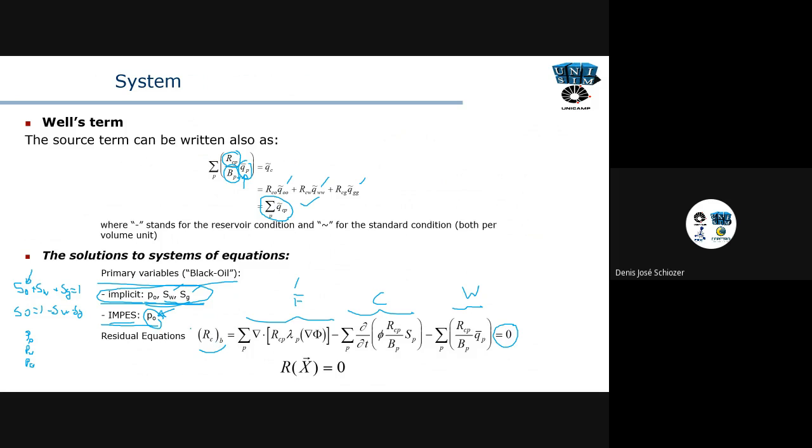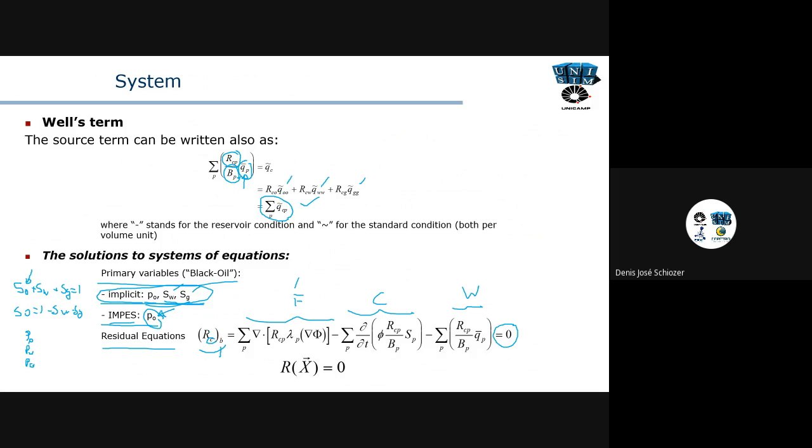But as we are solving this numerically, we are calling this RCB, which is the residual equation for the component C of the block B. And I know that these equations are valid only if the RCB goes to 0, okay?